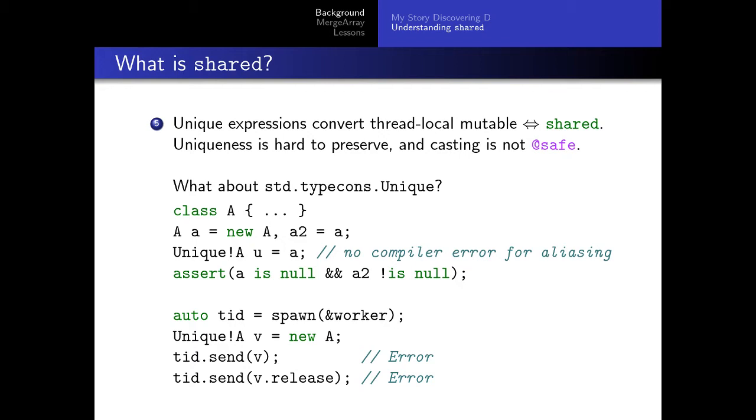In a case where it actually is passing in a unique value, no matter which one you do, you still have send complaining that it's not a shared value. But in the first sense, it's more of a library problem, because if you assume that the user has to use unique correctly, and you pass a unique to send, send could know that a unique thing should be passed differently. So yeah, it would be possible.